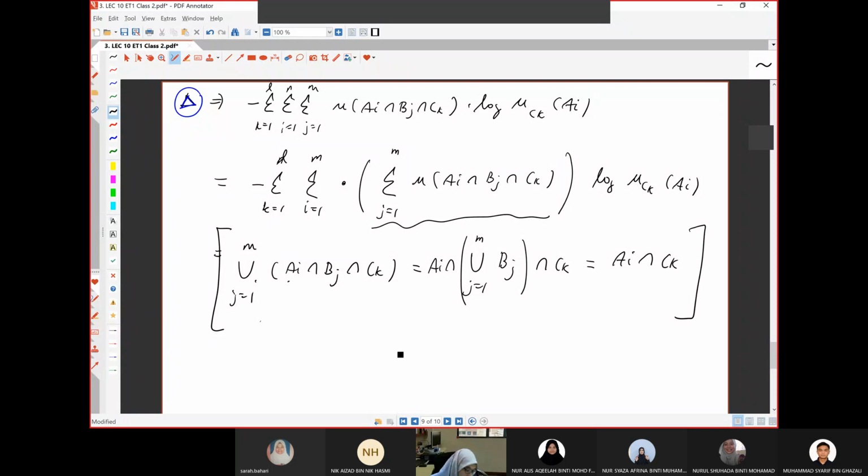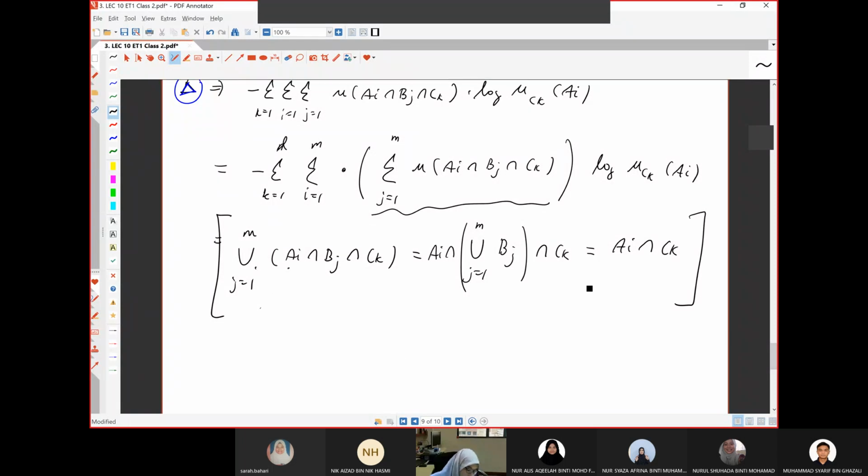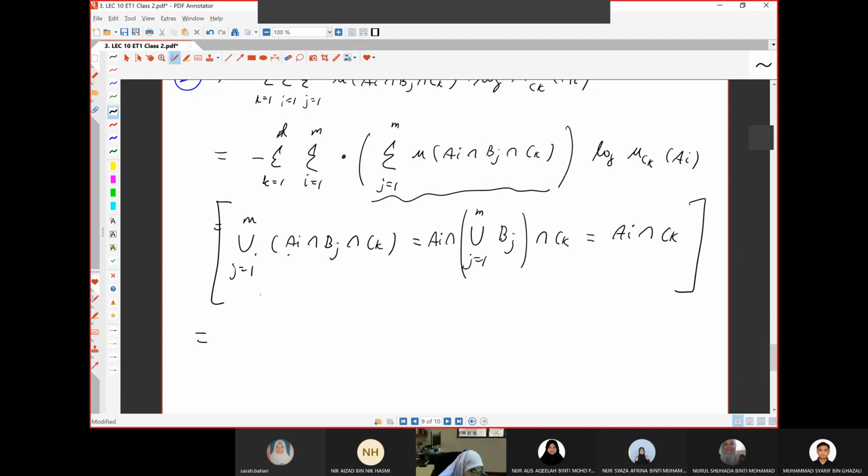Okay, now you can use that. I have this information already. So I have a sum of K from 1 until L and sum of I from 1 until N, mu of AI intersect CK, because you already simplified, log mu of CK given AI.